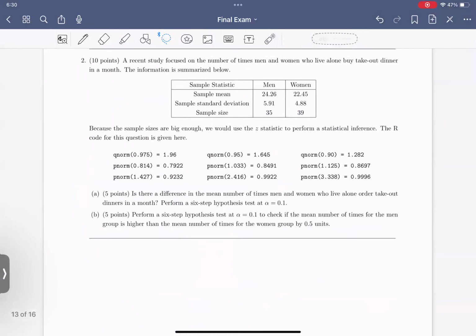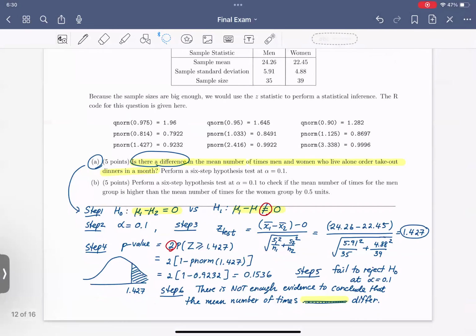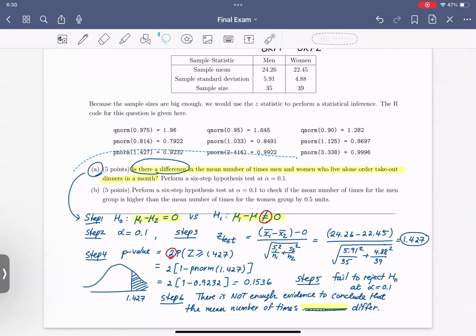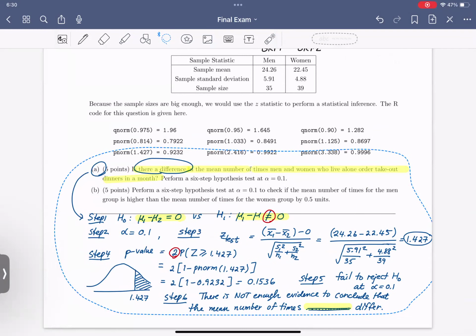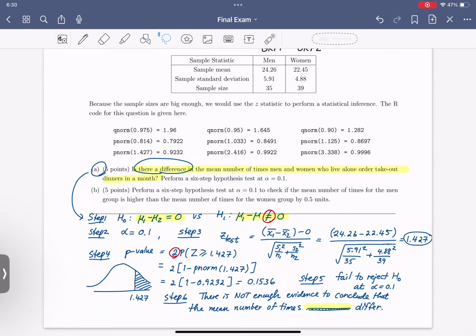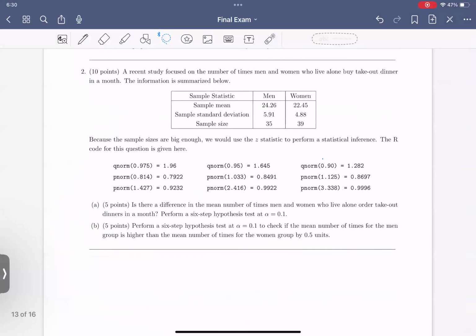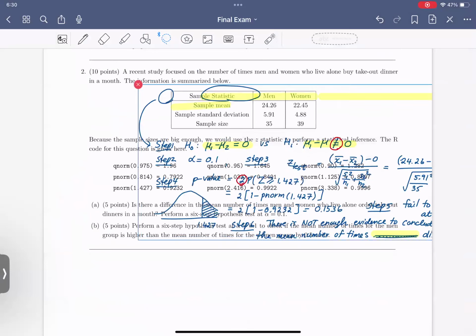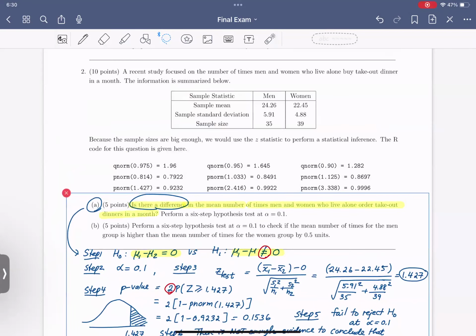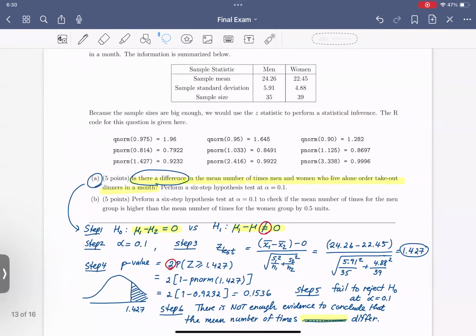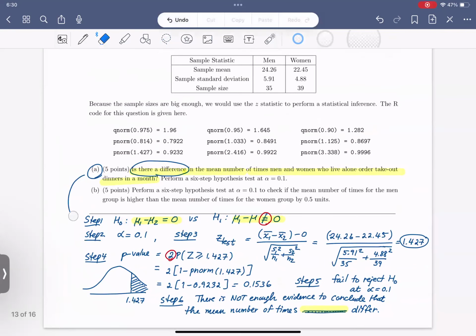Oh, whatever, but we're gonna do part B here. Okay, let me copy this one. All right, we're gonna do this for part B.